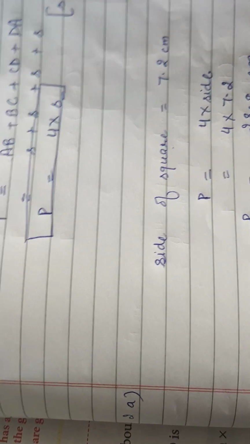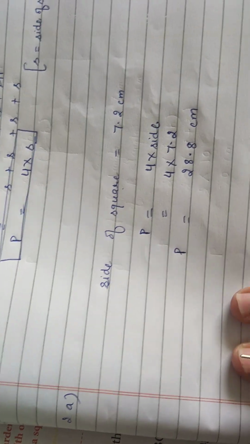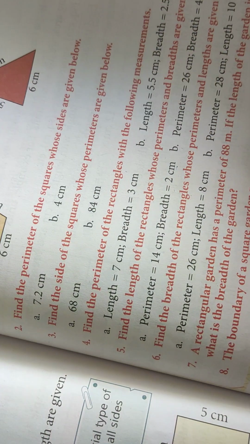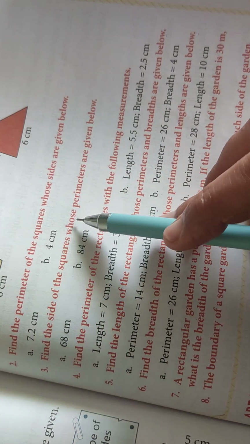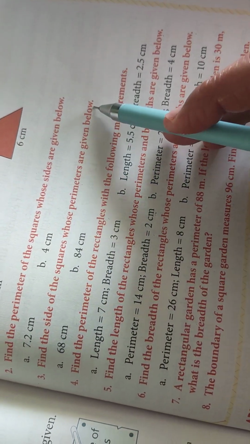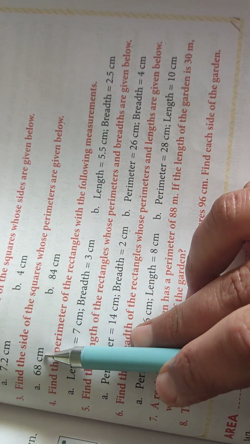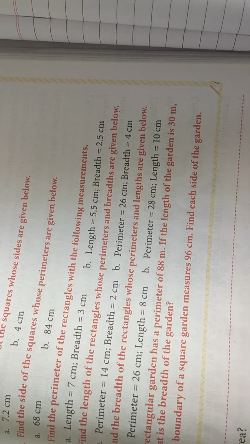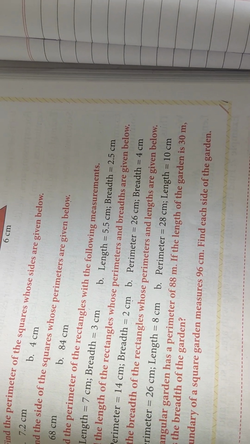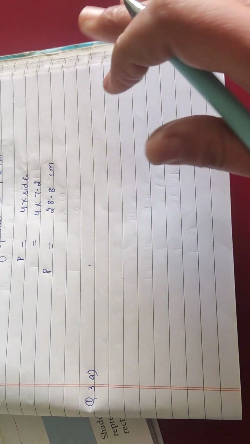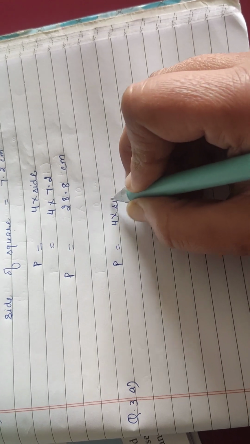Now sometimes we are given perimeter and we have to find the side of the square. Now move to the third question. Find the side of the squares whose perimeters are given below. Here perimeter is given to you and you have to find the side of the square. For example, come to question number third A. As we know that perimeter is equal to 4 multiply side.